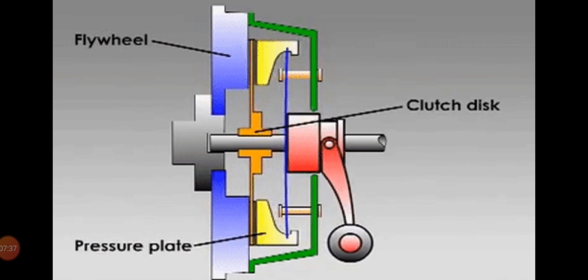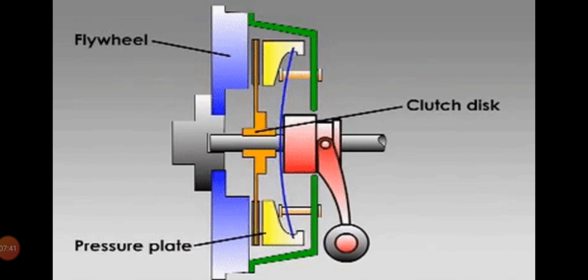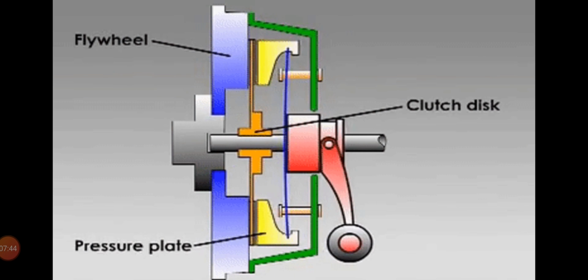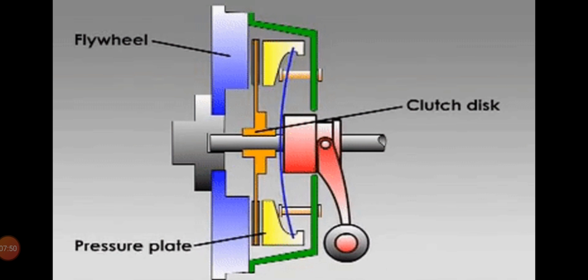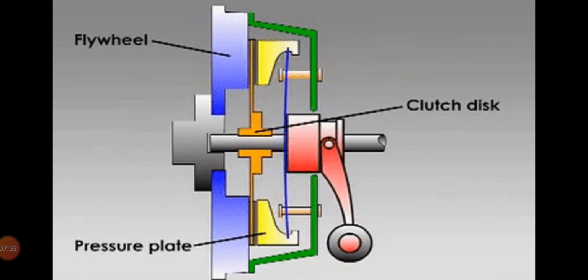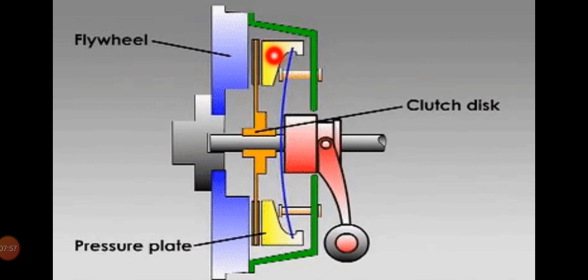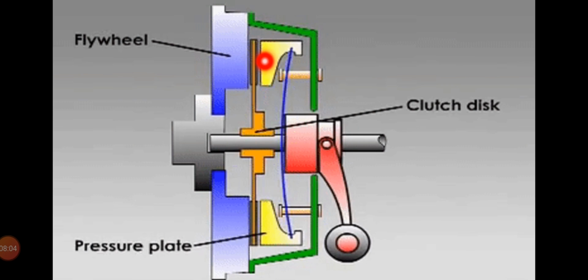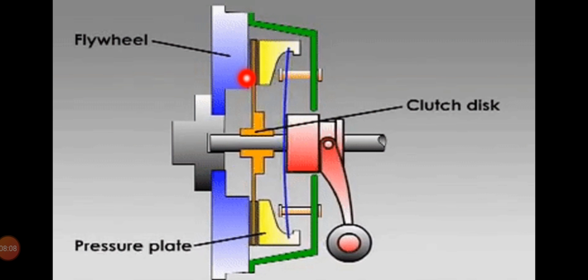When this lever is pushed centrally, the two ends of the diaphragm lever springs move backward, and this forces the pressure plate, the yellow one, to move backward, and hence the pressure on the clutch plate is removed. At the same time, the clutch plate is separated from the flywheel, and we can perform the specific task.